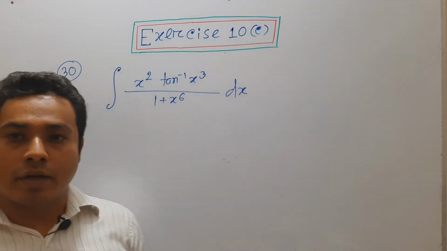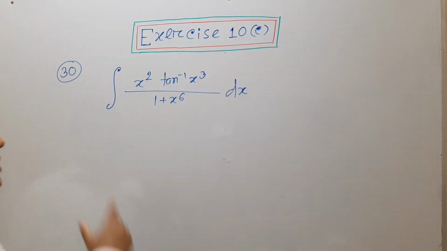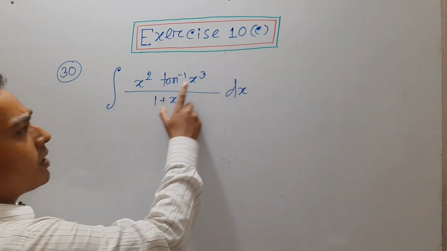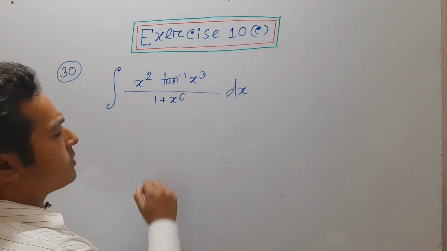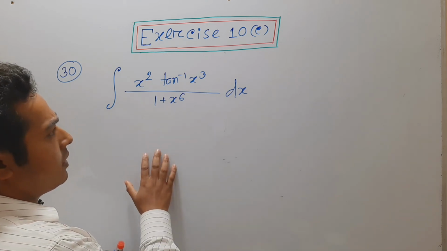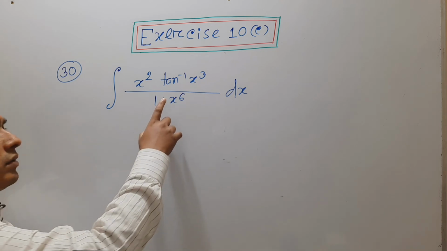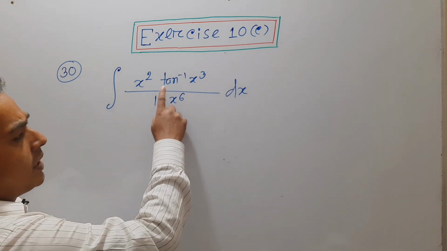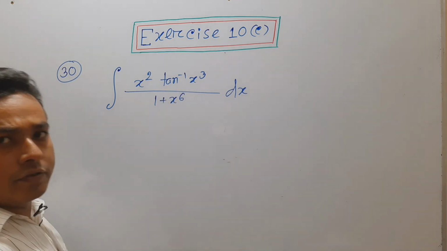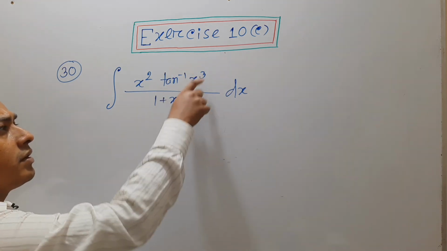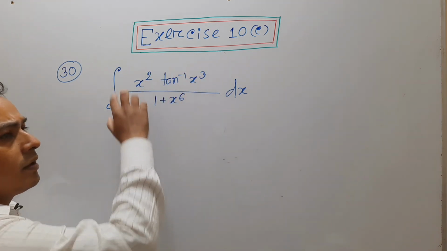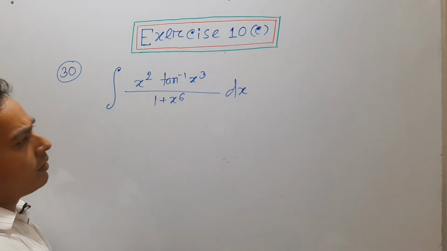Okay, now question number 30. Integration of x square tan inverse x cube divided by 1 plus x to the power 6. Here you have to consider z is equal to tan inverse x cube, because from the differentiation of tan inverse x cube we will get the other term.